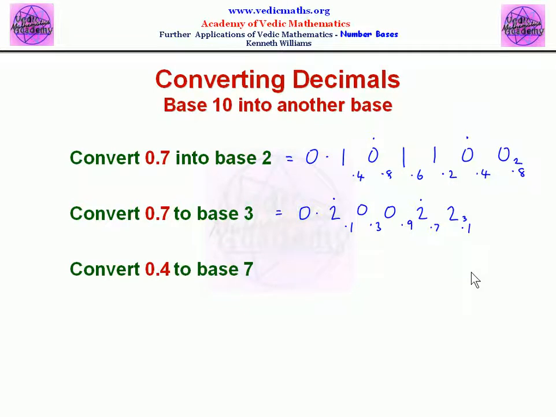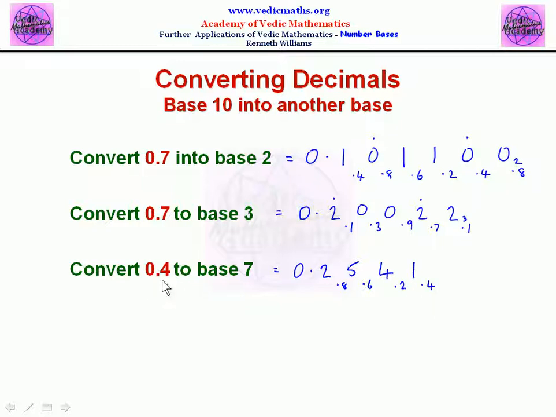Let's convert 0.4 to base 7. So we're going to multiply by 7 at each step, and 7 times 0.4 is 2.8. 7 times 0.8 is 5.6. 7 times 0.6 is 4.2. 7 times 0.2 is 1.4.